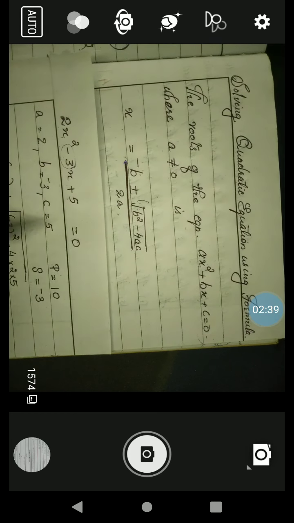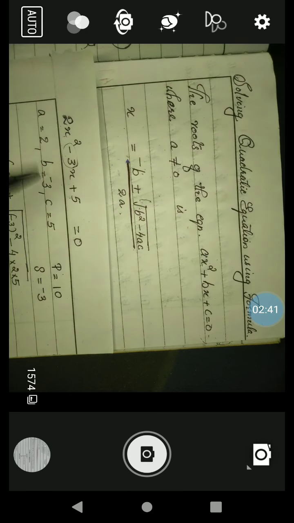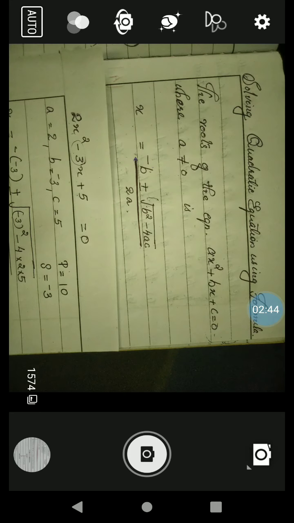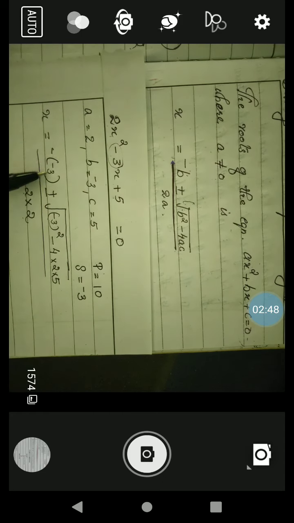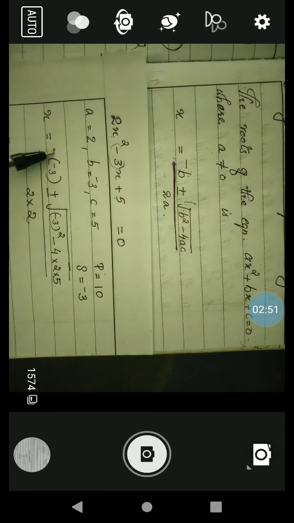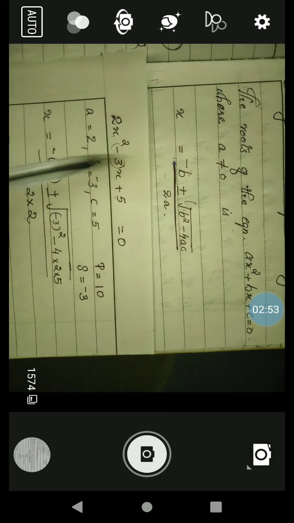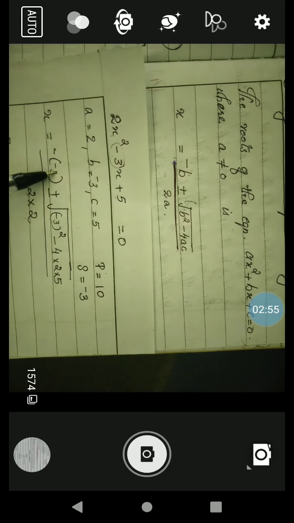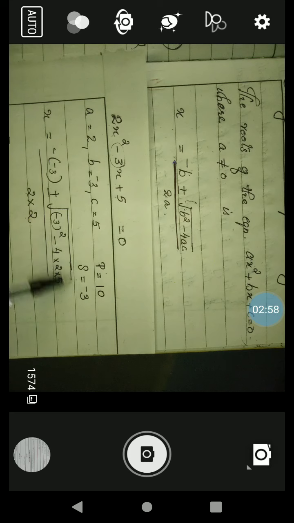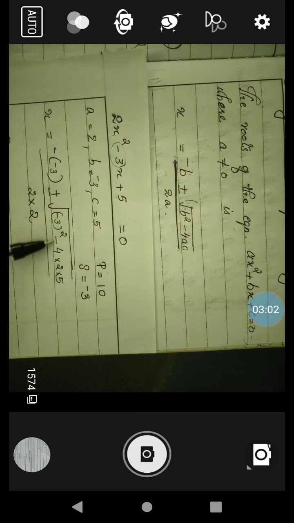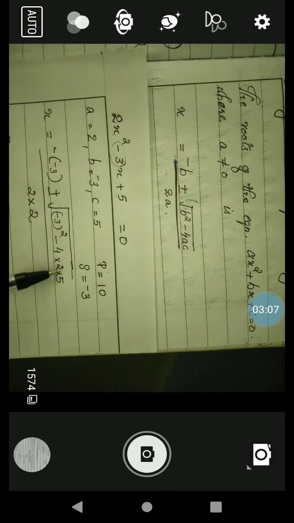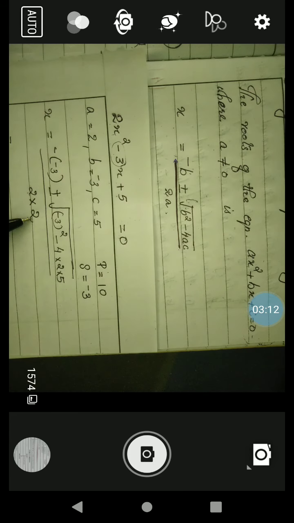Substitute the values of a, b and c in this equation. You will get minus of minus 3 plus or minus root of b square, b is minus 3, so minus 3 the whole square, minus 4 into a is 2, c is 5, divided by 2 into a is 2.